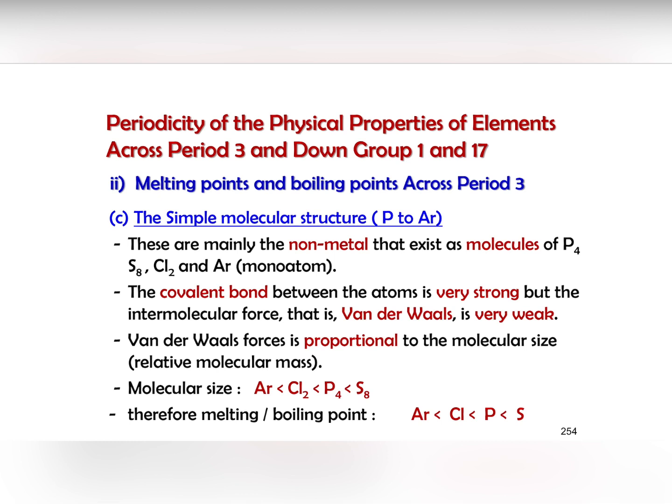So the molecular size from phosphorus to argon is as follows. Argon is the smallest compared to Cl2 and P4, and the largest is S8. Therefore, the order of melting point or boiling point is as follows.